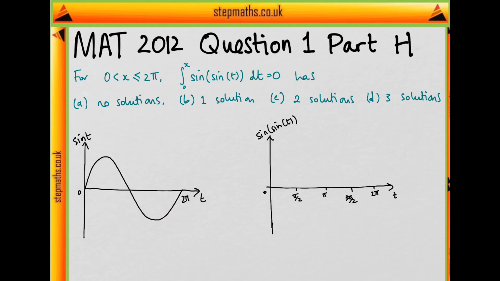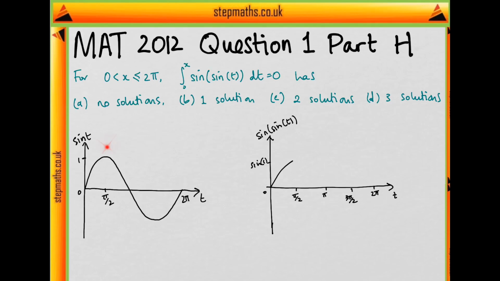Okay, well, between 0 and pi over 2 here, sine t is increasing up to this maximum point here, which is 1. So because sine t is increasing from 0 up to 1, sine of sine t is going to increase. Well, sine of 0 is 0, so it's going to increase and then get up to sine of 1.